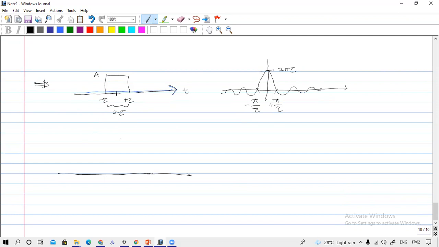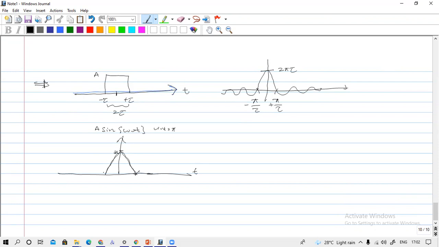It is a Sinc signal. If I draw this signal, it is a Sinc omega naught t. Can you remember? It is a Sinc omega naught t. So the amplitude is a, and it is like this. You can see that omega naught t is equal to π, so t is equal to π by omega naught.